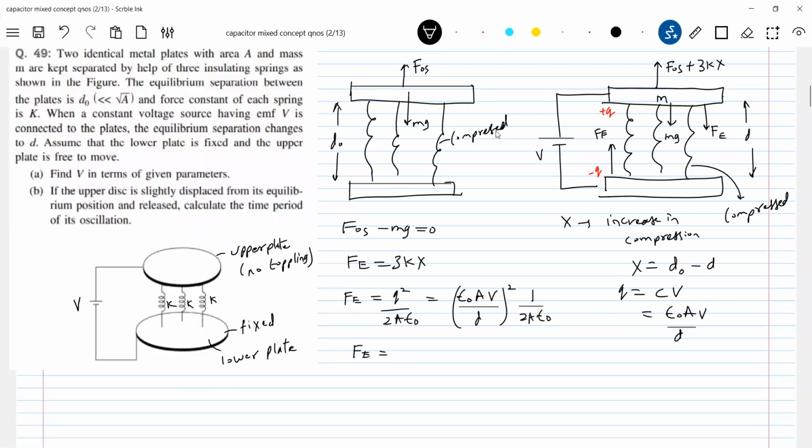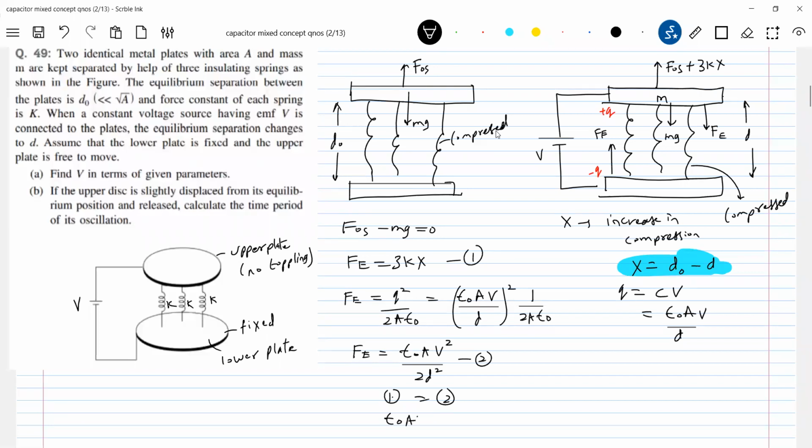I wrote increase in compression. This X is very important. If you can get this, the rest of the problem you can manage. There's only the basic idea. So everything will become epsilon naught A V square by 2d square. This I'll put in this equation. Put 1 equal to 2. So what will the equation become?